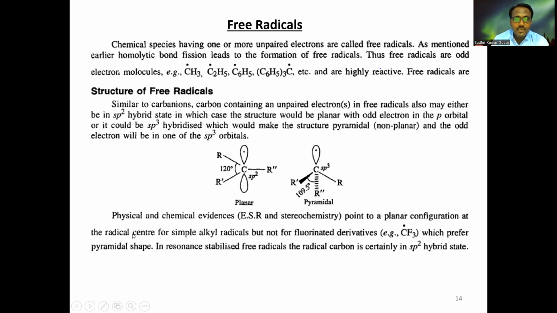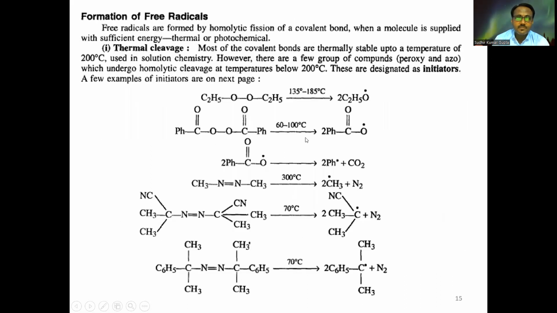The planar configuration is found at the radical center for simple alkyl radicals, but fluorinated derivatives prefer the pyramidal structure. In a resonance stabilized free radical, the radical carbon is certainly in the sp2 hybrid state.